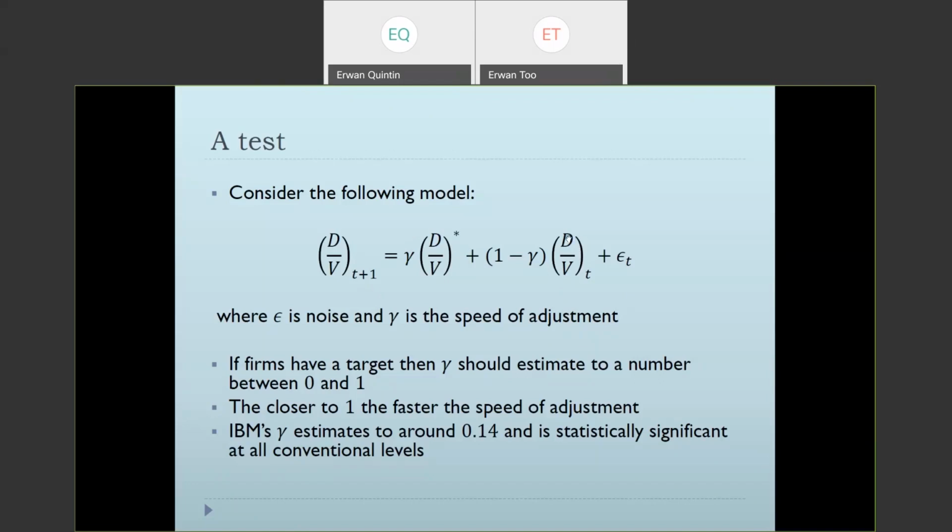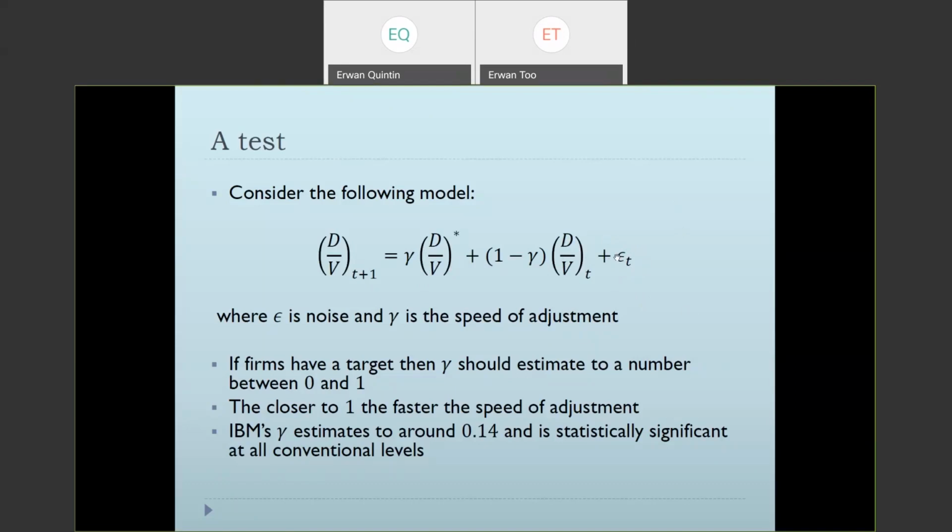Another way to say this: to the extent that D over V is away from my target, gamma is going to tell me the speed at which I'm going to return to my target. And then, of course, there's going to be some randomness. There are going to be other factors, luck, maybe in one particular quarter, for whatever reason, I was not able to issue debt as fast as I wanted to.